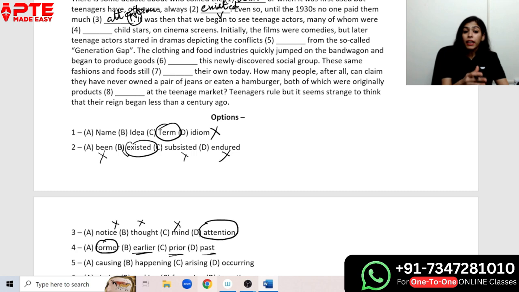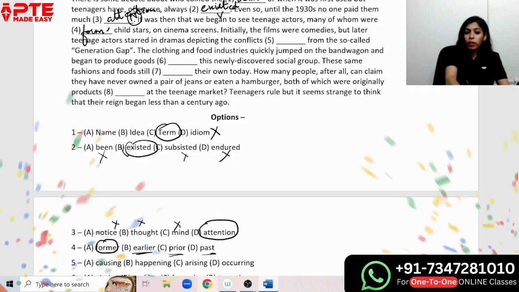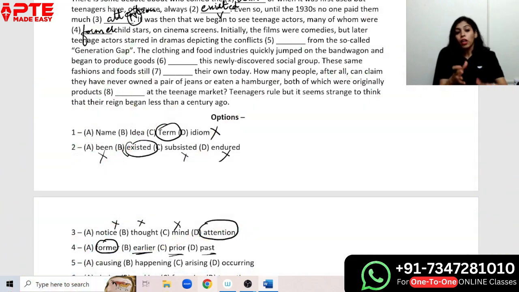Former is used as an adjective here. Former as in something old, or they were actors in the beginning, and now also they are actors. Former as in the old one, the previous one.